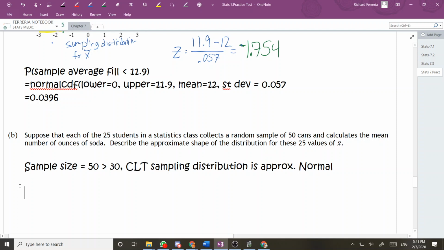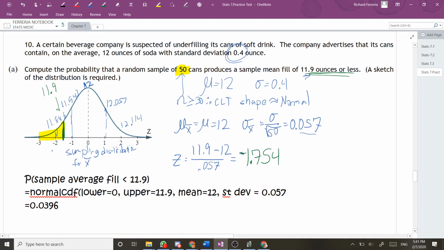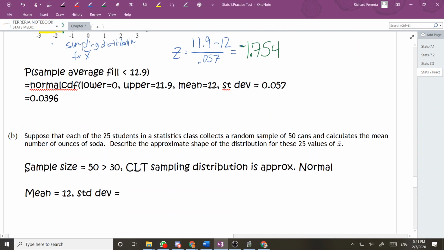If we did want to go further, of course, the mean is going to be equal to 12, because that's the mean of the population, and the standard deviation is going to be equal to the population standard deviation, I don't remember, it's 0.4, divided by the square root of the sample size, and the sample size was 25. That's 0.08.